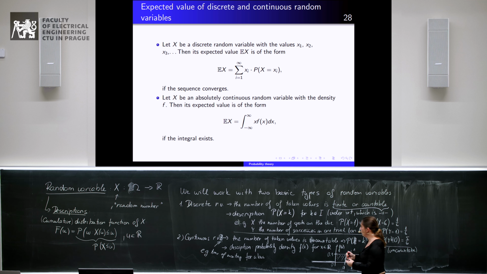And so the meaning of this density is that the probability that Z is between A and B is equal to the integral from A to B of this density.